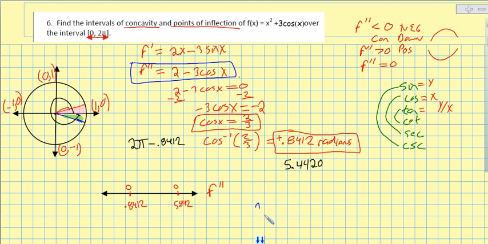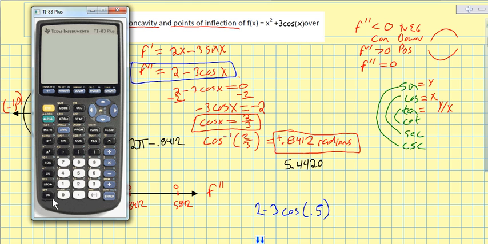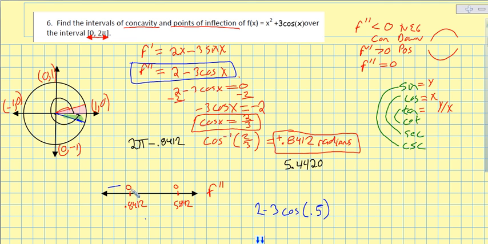So we're going to plug in 2 minus 3 cosine of how about we just do 0.5, and see what we get. So we have 2 minus 3 cosine of 0.5, and we get that it's a negative, and that's all we're really concerned with.